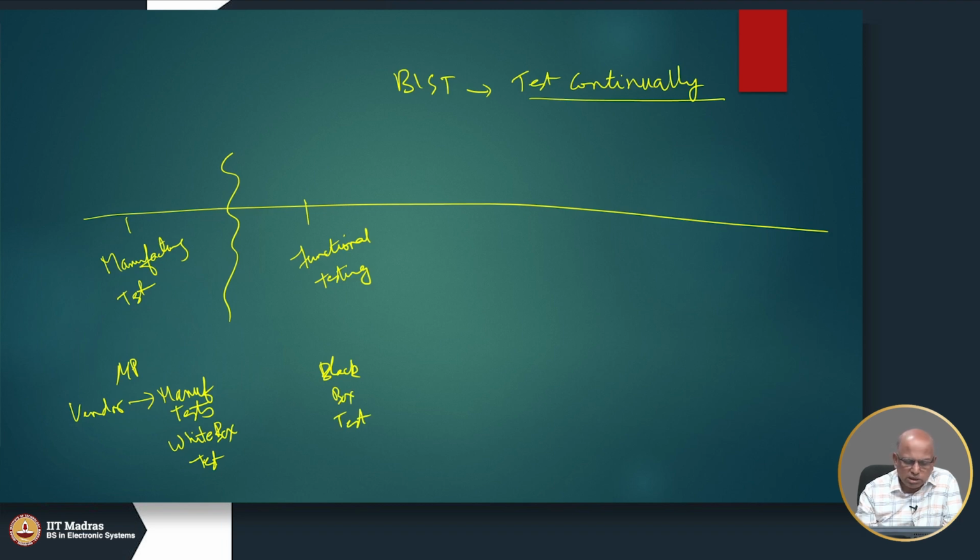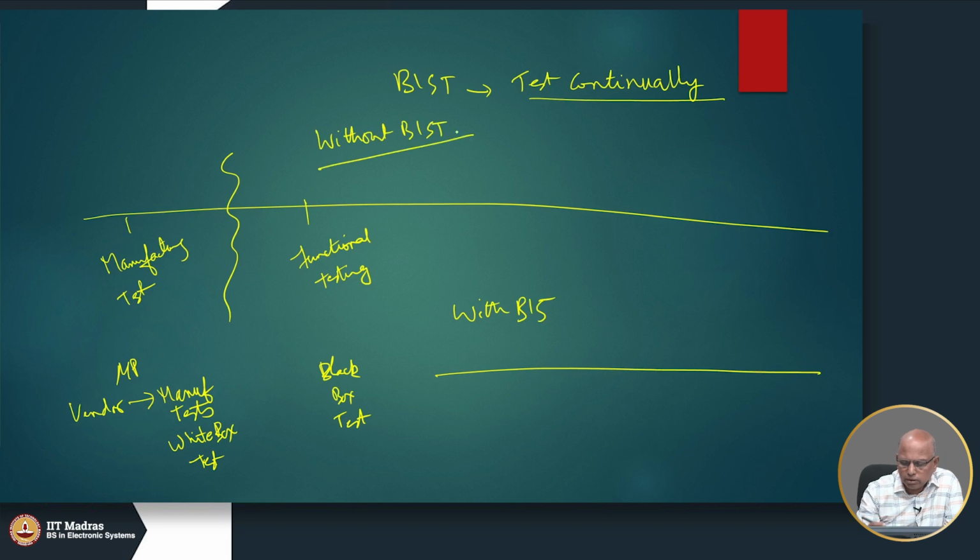So this is a situation when we are not using BIST. But imagine that if BIST was being used, this is without BIST. With BIST, maybe we can do manufacturing tests here and reject the bad ones, right?